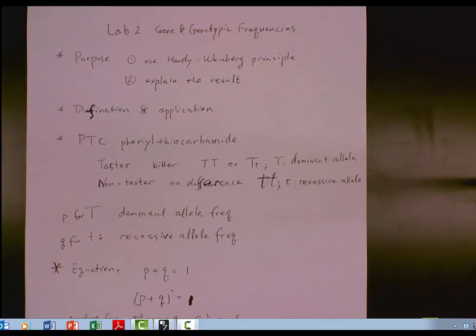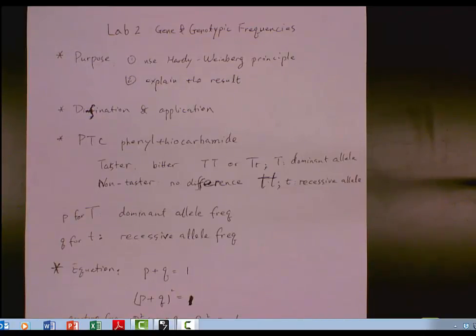We can use this principle to calculate the frequency of a pair of alleles in a gene and the corresponding genotypic frequencies, either for homozygotes or heterozygotes.